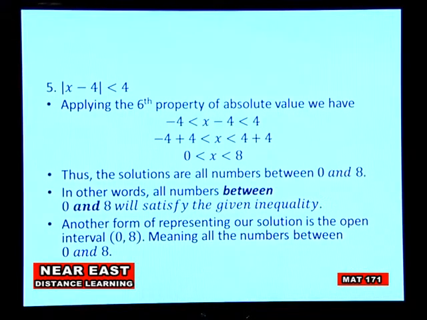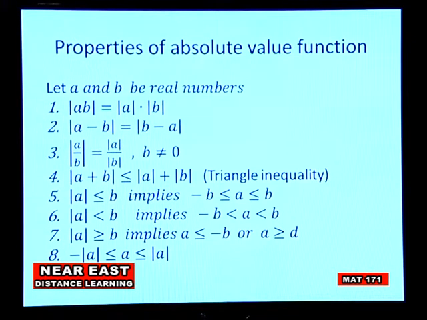The fifth example. This is saying the absolute value of x minus 4 is less than 4. If you look at one of our properties, property 6 is saying the absolute value of A is less than B implies minus B is less than A is less than B. So we apply this.